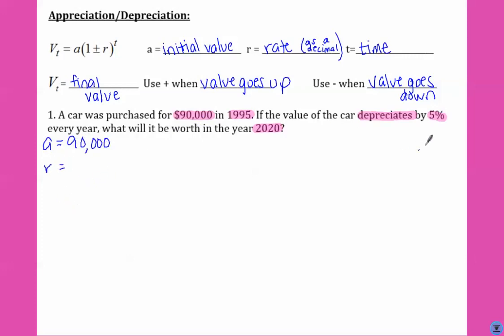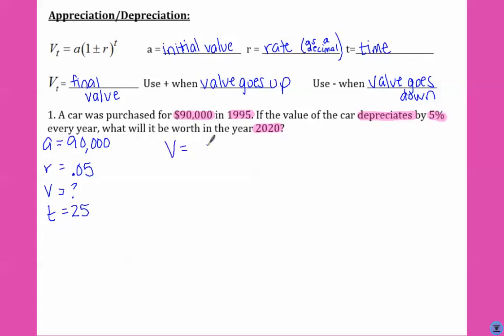Our rate is 5%, which we'll put in as 0.05. Our final value is what we're looking for. And our time, how much time goes by from 1995 to 2020? That's 25 years. So let's plug it in.